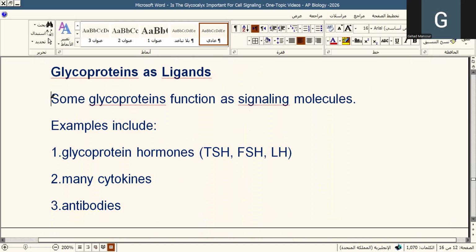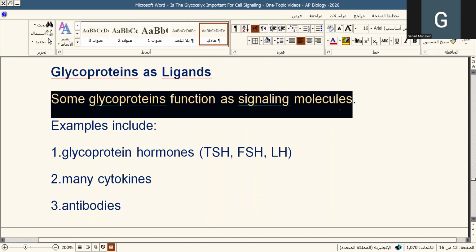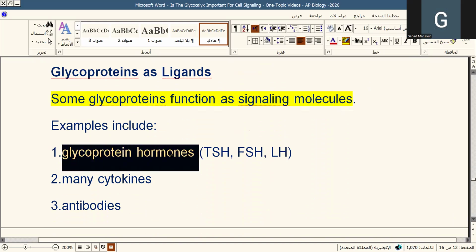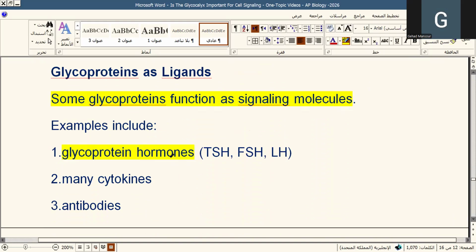Some glycoproteins will function as signaling molecules. The easiest way to remember is the glycoprotein hormones. Of course, you all know that hormones are signaling molecules because they need to bind with certain receptors to carry out their function.